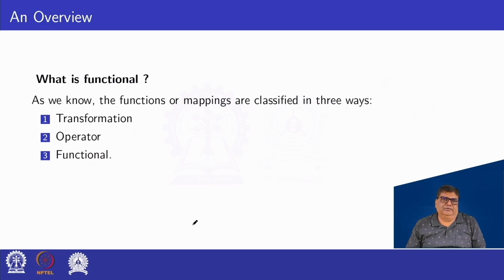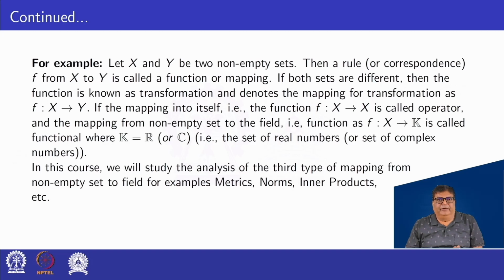What is a functional? As we know, functions or mappings are classified in three ways. First, transformation; second, operator; third, functional. What is the difference between them? For example, let X and Y be two non-empty sets.